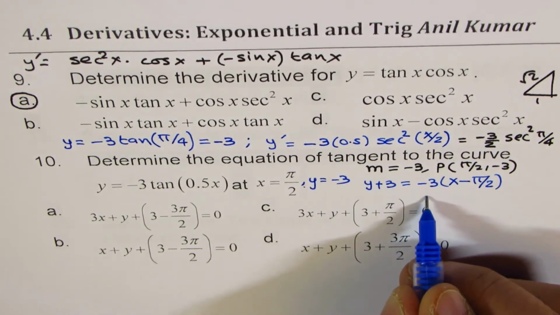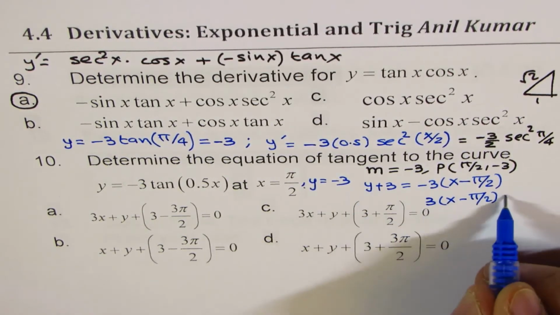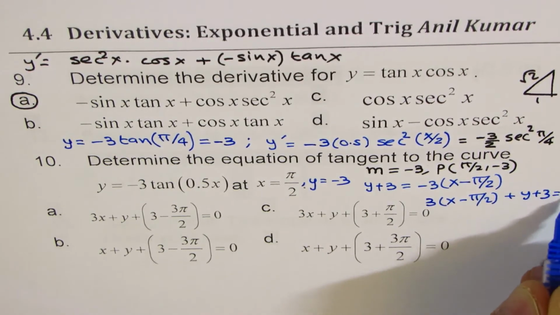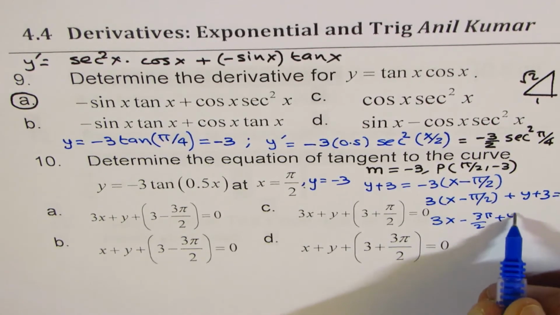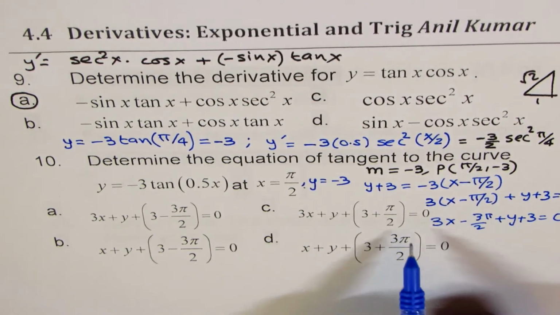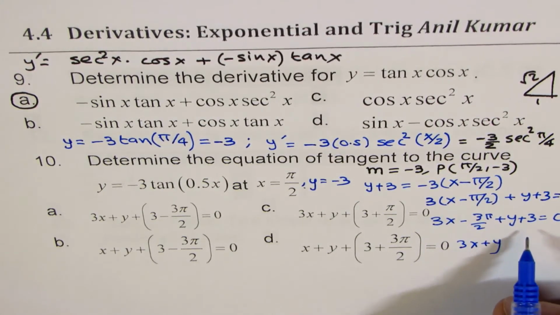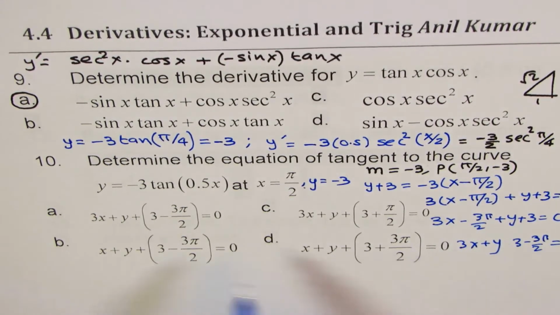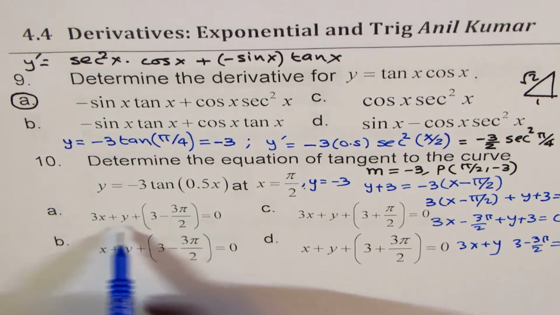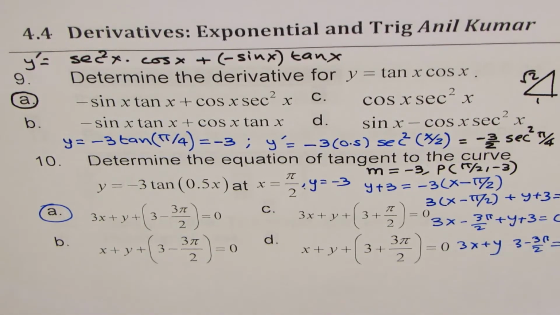So we have 3 times x minus pi by 2 plus y plus 3 equals 0, or 3x minus 3 pi by 2 plus y plus 3 equals 0. And so we could rearrange as 3x plus y plus 3 minus 3 pi by 2 equals 0. That matches with the option right here, option A, right? So that becomes the equation of the tangent line for the given function at x equals pi by 2.